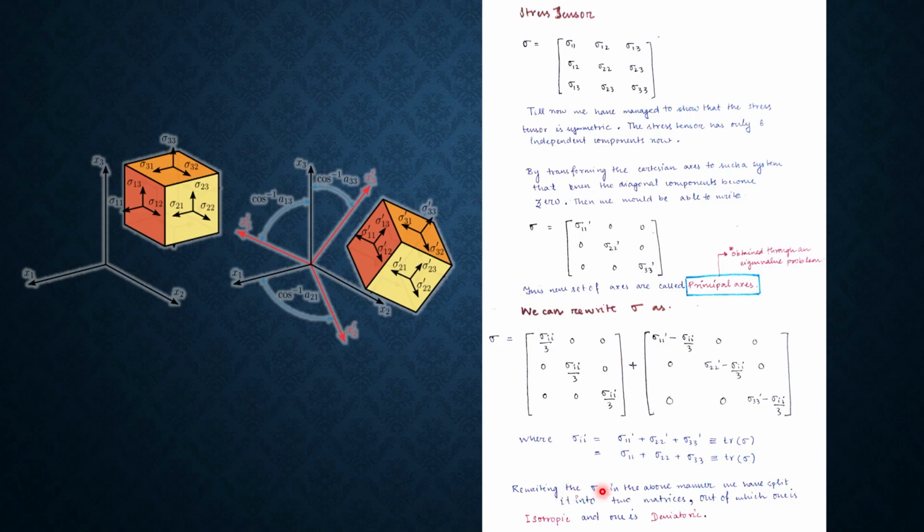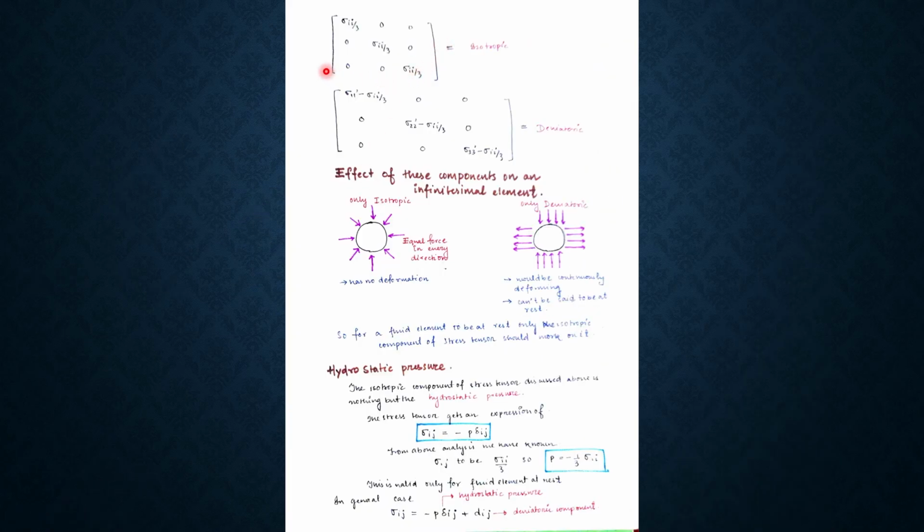Now what we have done in this step is, we have split the stress tensor matrix into two different matrices, out of which one is isotropic and one is deviatoric. This over here is the isotropic matrix and it is independent of change in the coordinate system.